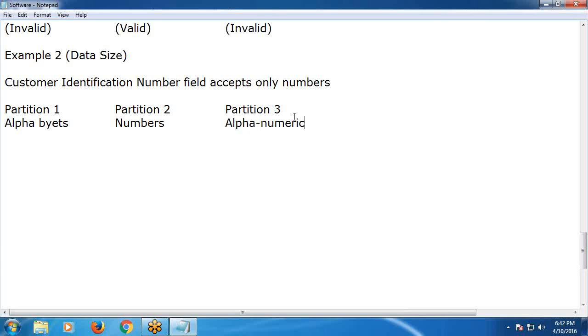Next partition, alphabets, numbers, alphanumeric. Next, alphanumeric and special characters.